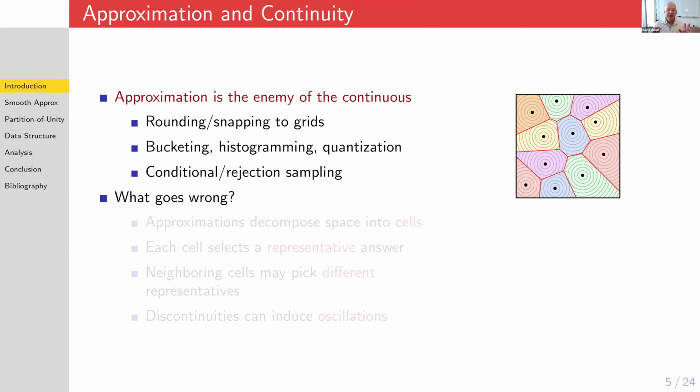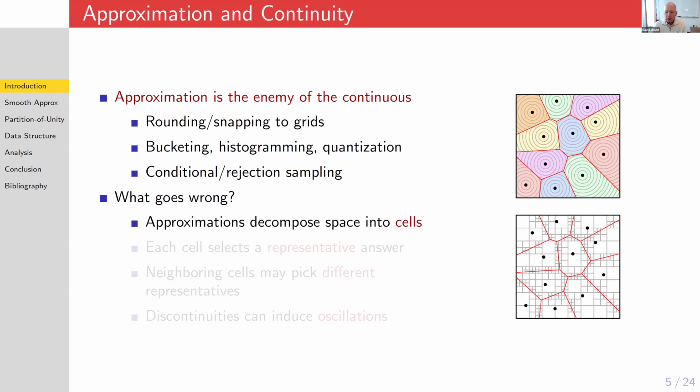By the way, for those in the audience who are old enough to remember what a map is, you used to get these USGS maps when you'd go hiking, and they had little contour lines that would indicate how high you are. Your distance from your nearest neighbor can be thought of as this function. It's zero right where the point is, and it grows in this cone as you move away from the point. And then the ridge lines between two of these cones meet right along the Voronoi edges.